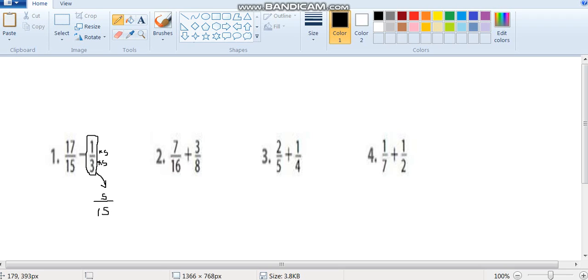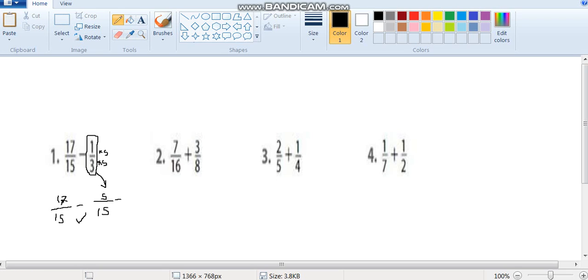So right now you can minus. Let's write it again here. 17 over 15 minus 5 over 15.